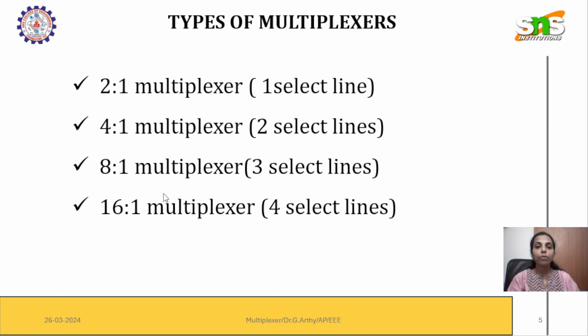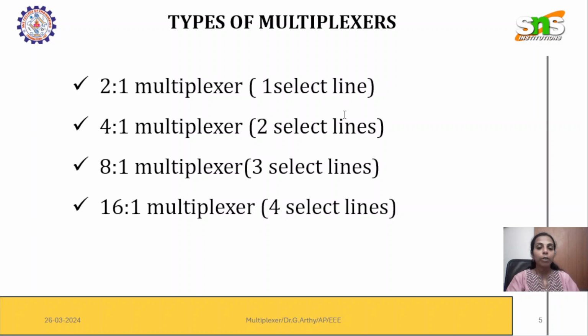Different types of multiplexers are there. A few common ones are the 2 to 1, 4 to 1, 8 to 1 and 16 to 1 multiplexers. Here the first number denotes the number of inputs and 1 is the output. The number of inputs varies, but the output will be 1.